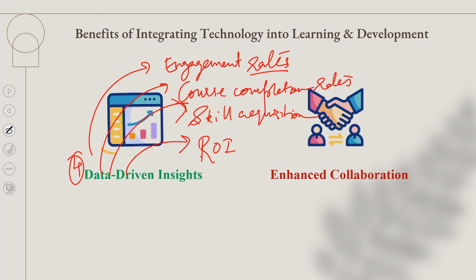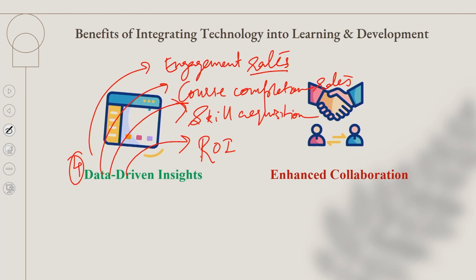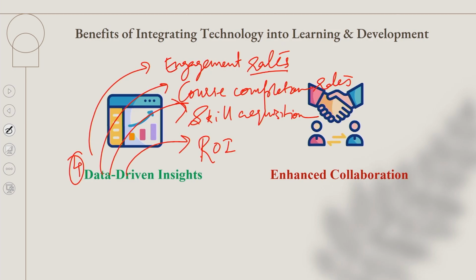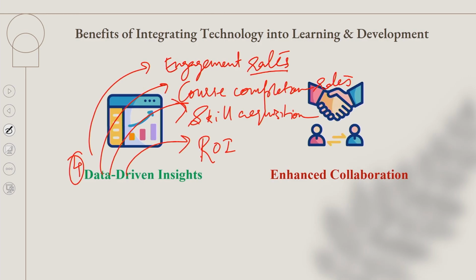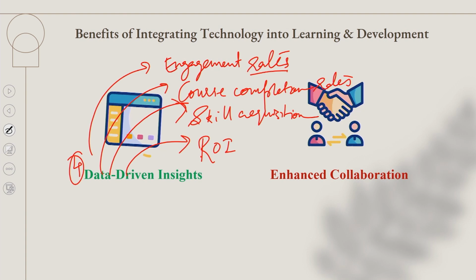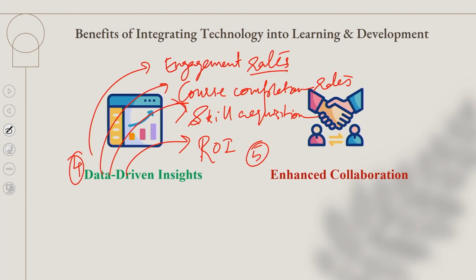When you talk about data-driven insights, I can think of an example of an HR team that uses dashboards to identify that completion of leadership courses correlates with, let's say, internal promotion rates. Typically, that would be the data-driven insights that would help the real-time understanding of the whole process or the situation. The fifth important benefit of integrating technology into learning and development would be enhanced collaboration.